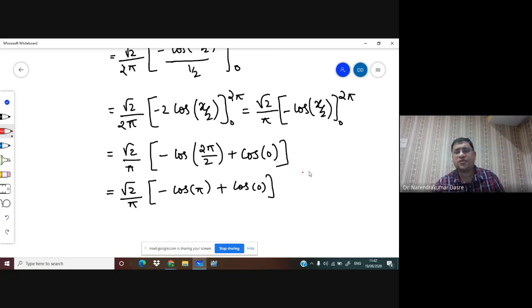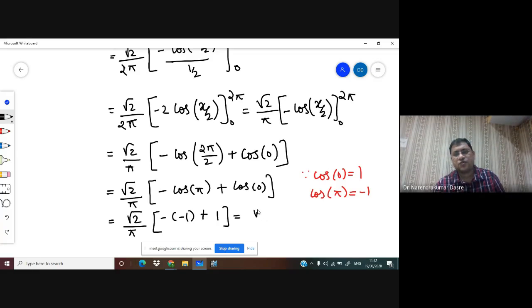We know cos of 0 is equal to 1 and cos of pi is equal to minus 1. So we apply this, and hence we get root 2 upon pi times minus of minus 1 plus 1. So it is 2 root 2 upon pi.